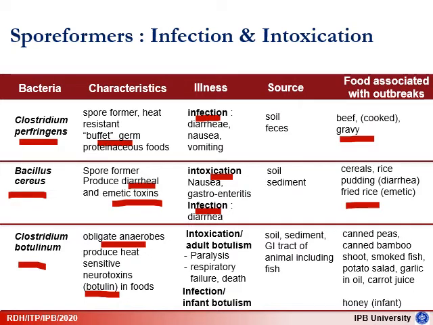The bacteria can be found easily in soil, sediment, and the gastrointestinal tract of animals, including fish. Several foods processed with canning, with insufficient heating, have been reported to cause outbreaks such as canned pea, canned bamboo shoots, smoked fish, potato salads, and garlic in oil, as well as carrot juice.